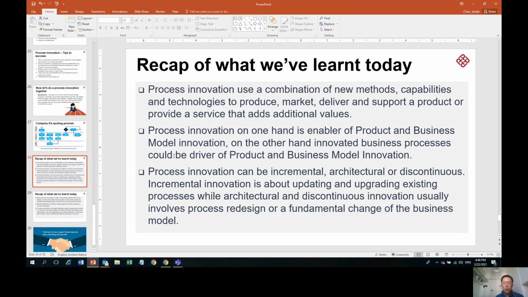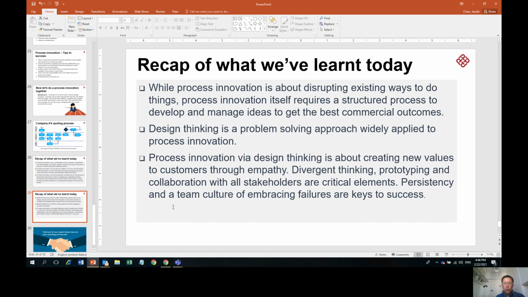Process innovations can be incremental, architectural, or discontinuous. Incremental innovation is always about updating or upgrading existing processes. But architectural and discontinuous innovations usually mean a redesign of the process or a fundamental change of the business model. While process innovation is about disrupting existing ways of doing things, process innovation itself requires a structured process to develop and manage ideas to get the best commercial outcomes.